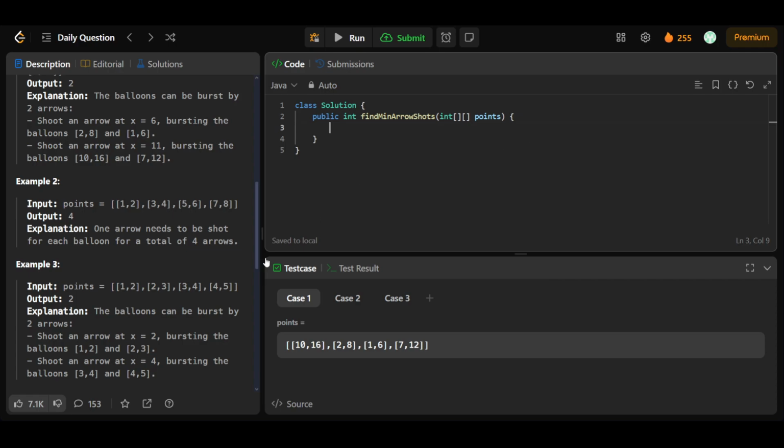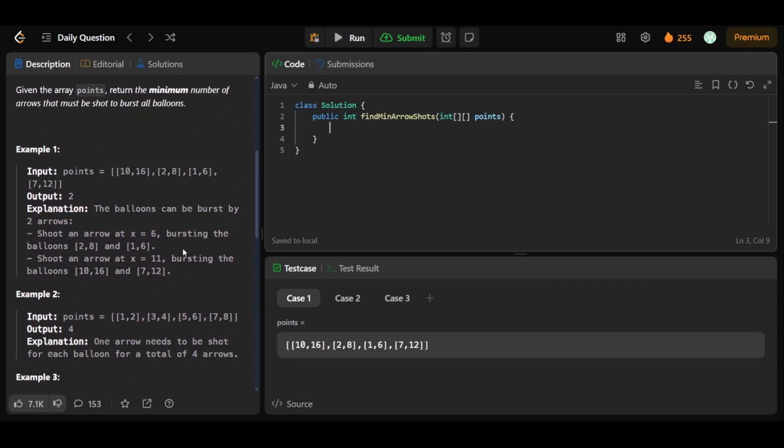The easiest way to do this is to sort the arrays based on their ending points, and then check if we have any overlapping intervals. Balloons that overlap will need only one arrow to burst all of them, so we'll count the number of arrows. Okay, so first let's sort the array.